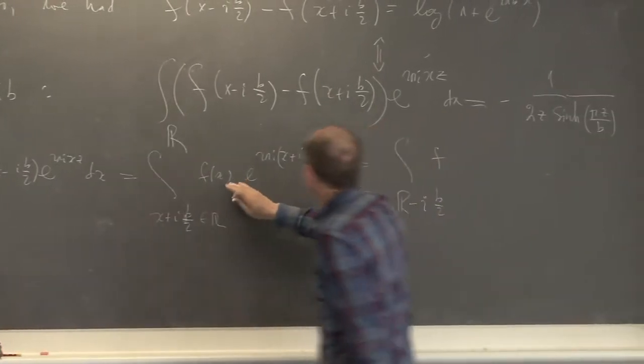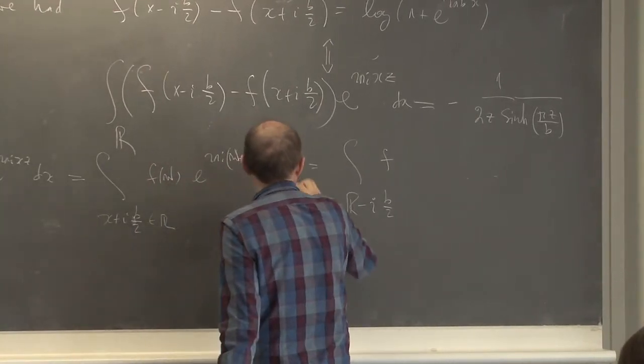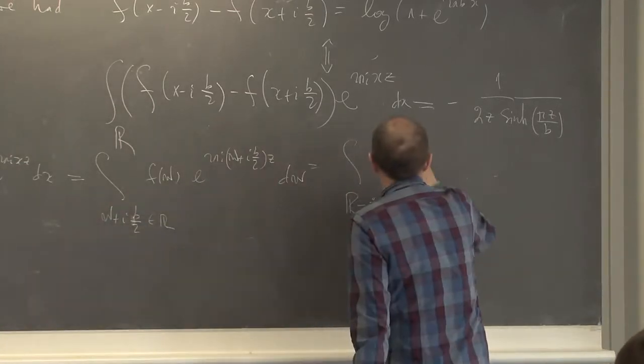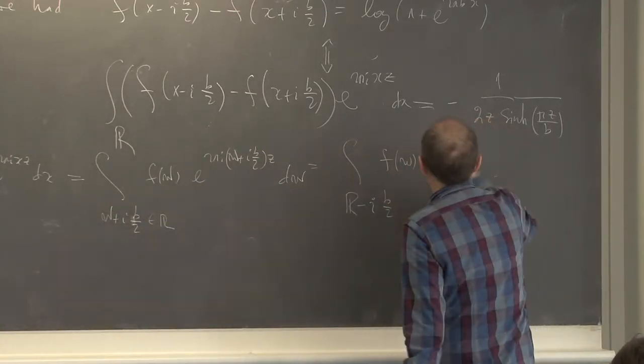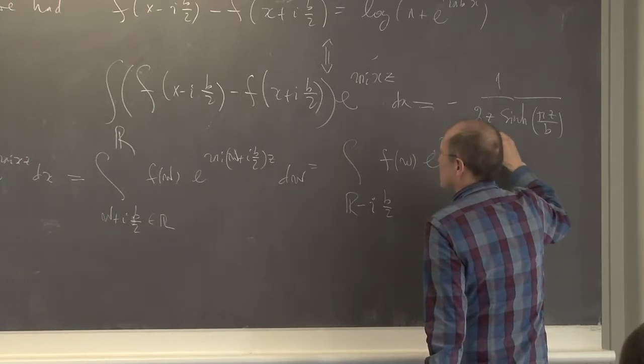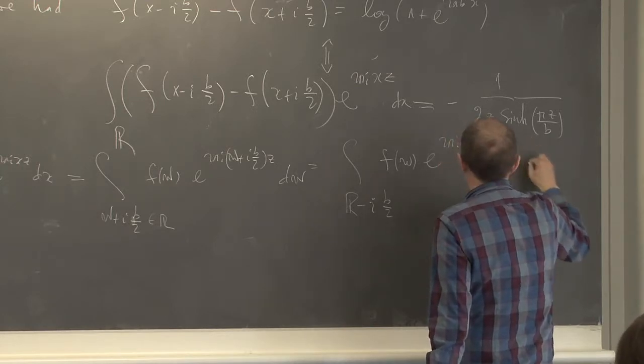or maybe w, right? So the better way to say this: now it is a complex integral, f of w e^(2 pi i w plus i b over 2 z) dw.